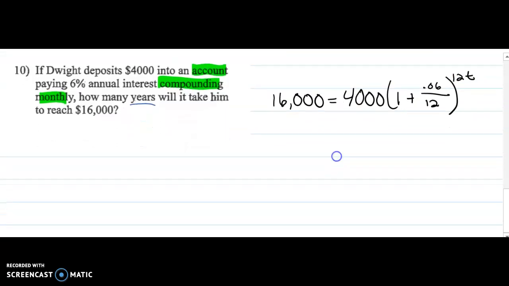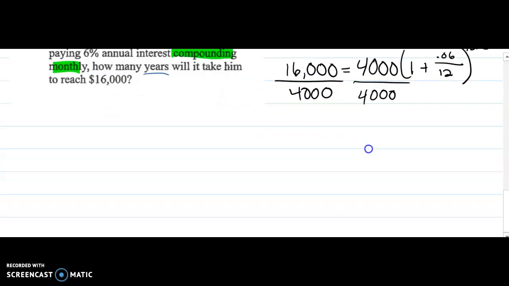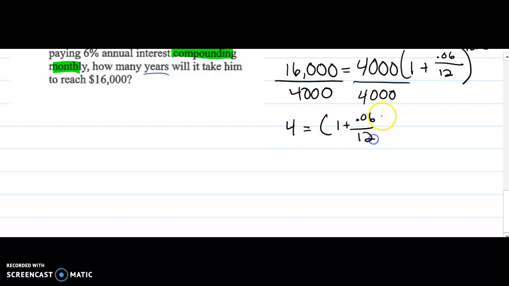Okay, so I'm going to solve for this now. I'm going to start by dividing by 4,000. So then I get 4 is equal to 1 plus 0.06 over 12, to the 12t. Okay, continue to plug this into your calculator.